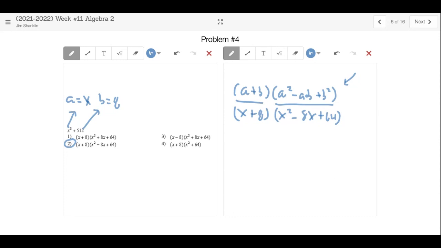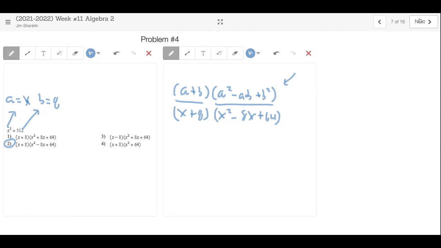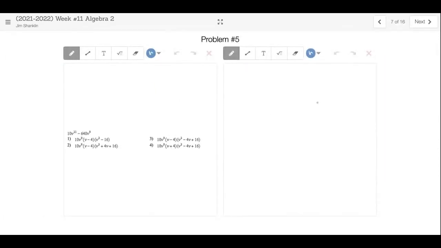All right. Question number 5. Whew. Two terms again. So the first thing I'm looking at in this problem is, is there anything I can factor out? Yeah, take out the greatest common factor.